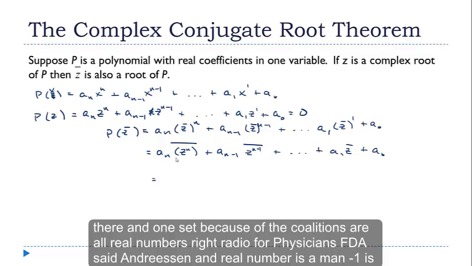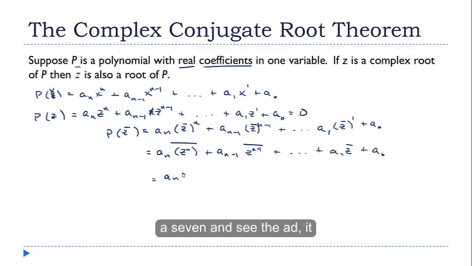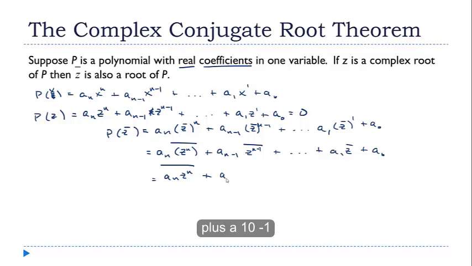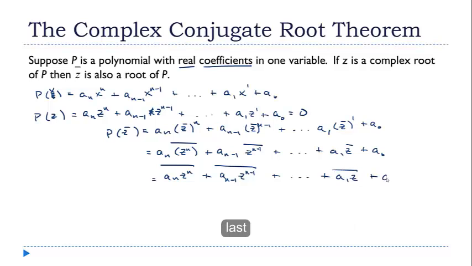Theorem 1 says, because the coefficients are all real numbers, right? Real coefficients. That's these a_n's. a_n is a real number, a_(n minus 1) is a real number, and so on. I can take this bar and extend it. I can make this a_n z to the n conjugate plus a_(n minus 1) z to the n minus 1 conjugate plus and so on down to my last one.